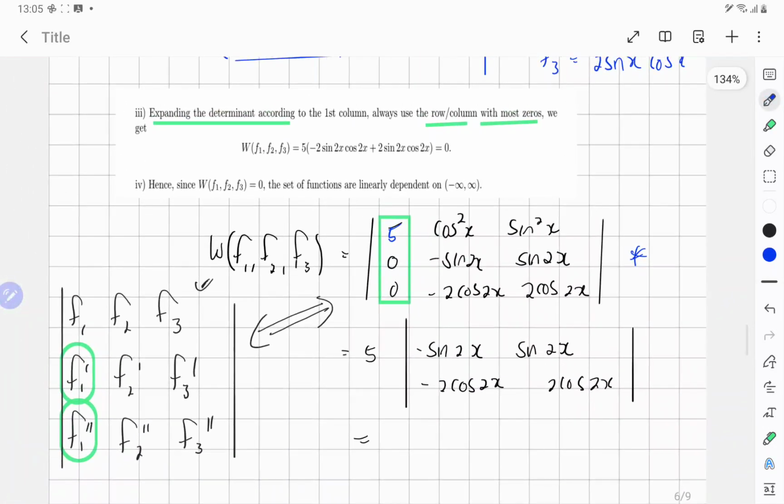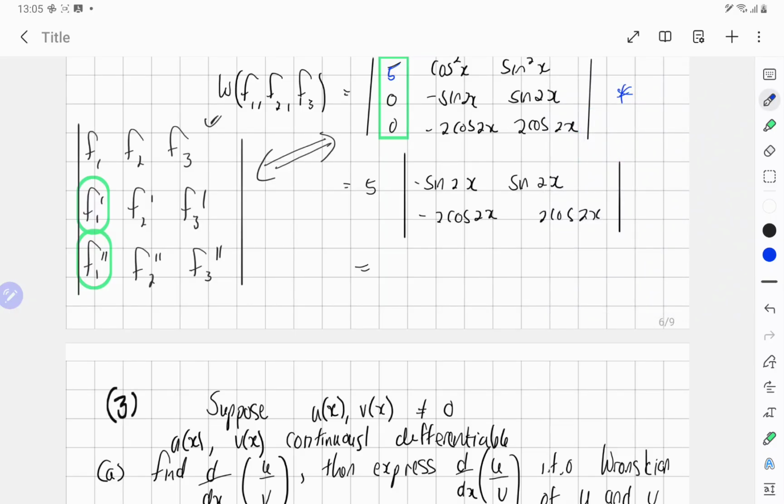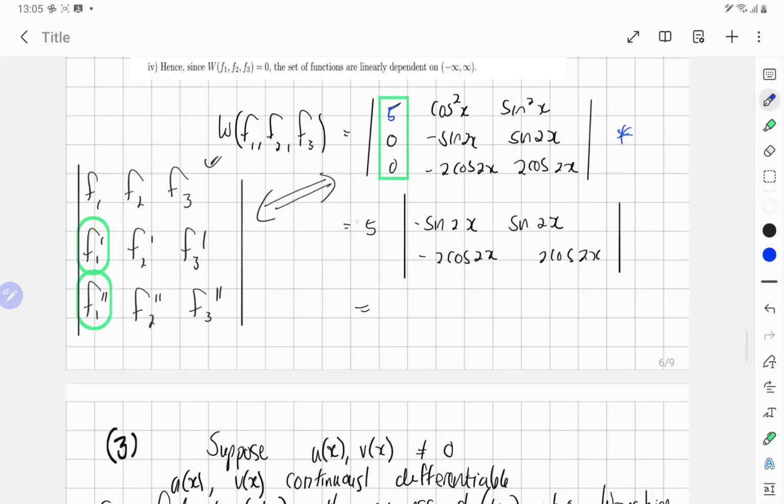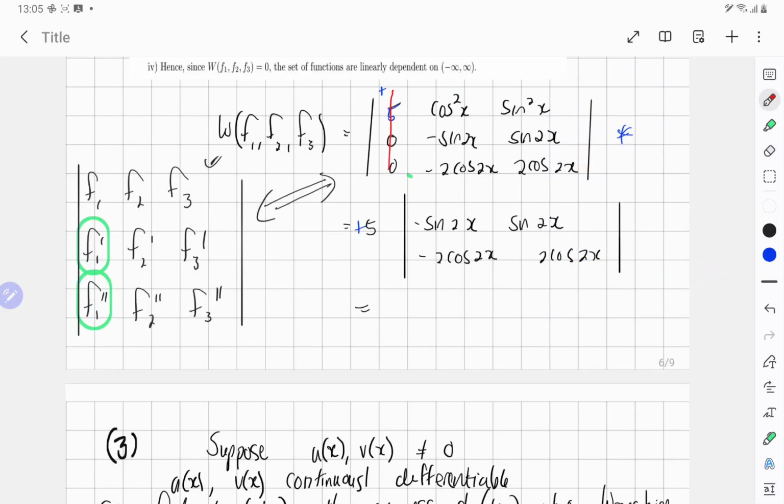Now, how do we do it again? Please revise your 3 by 3 determinants, but just to go over it quickly, remember your signs. We have a plus there. Then how do I do my determinant? I will cross out the row and column my 5 is in, and write down whatever is left in a determinant.